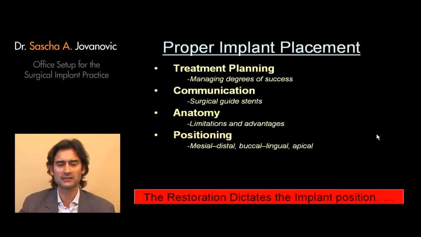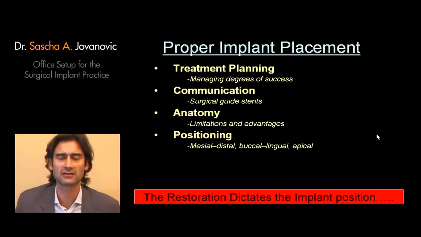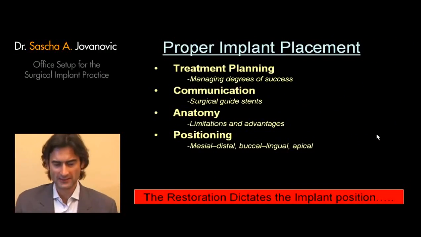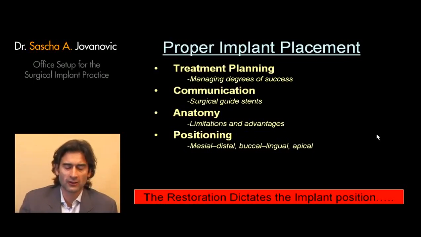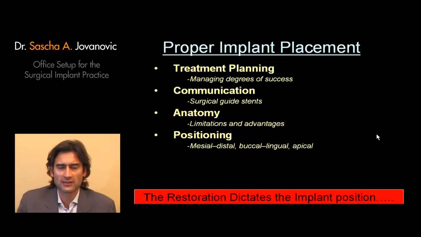Now the next step, of course, is to discuss where you really place the implant. And this is probably an area which I would recommend any clinician starting with surgical implant dentistry really consider, because the fewer surprises you have, the better your end product will be, so the better your implant position will be.